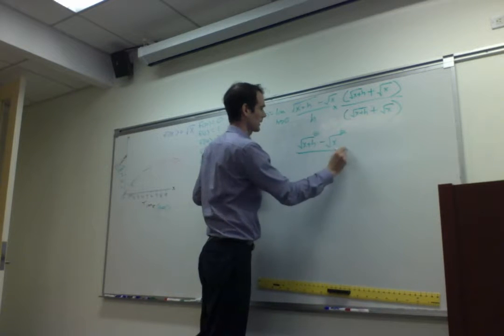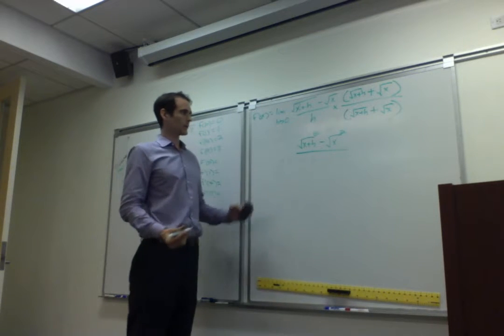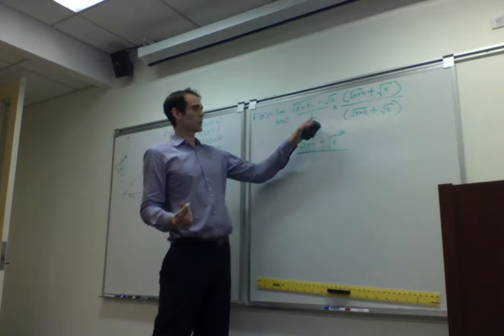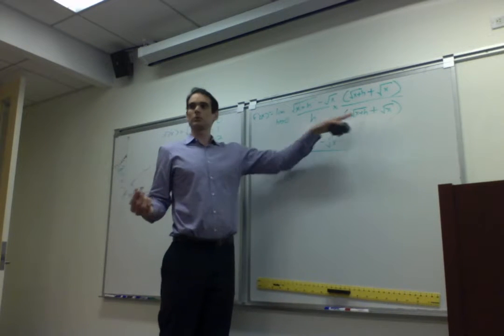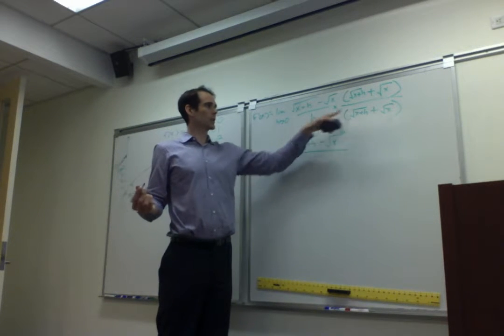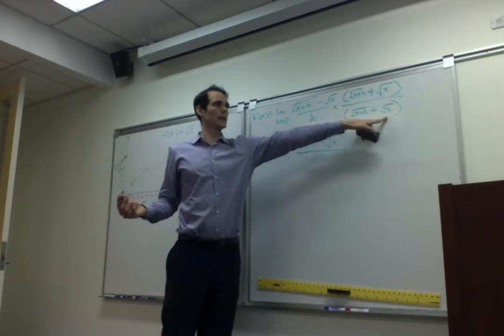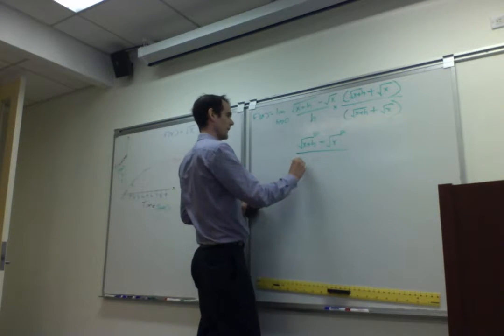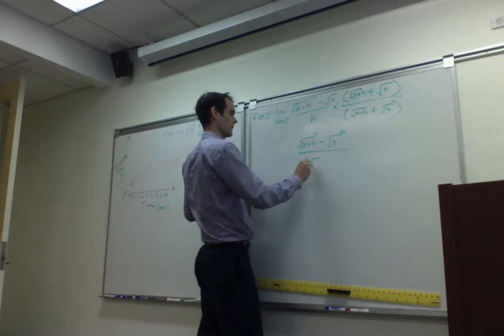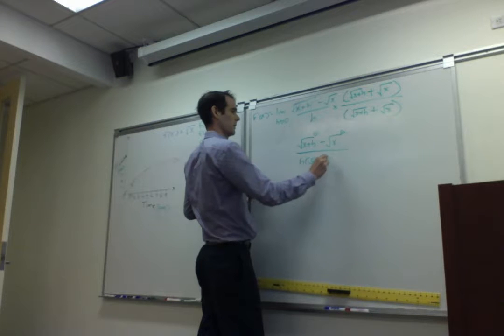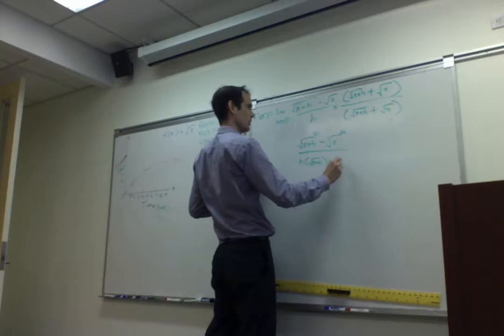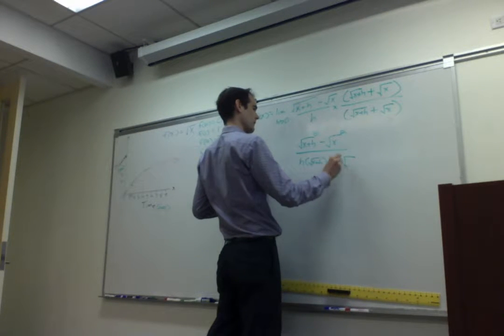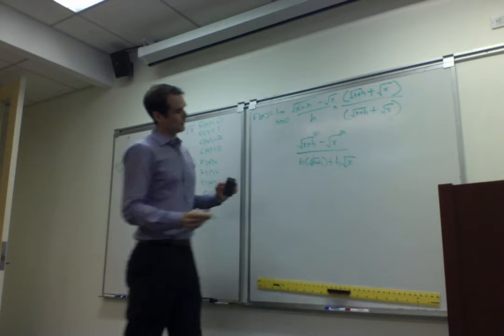Question now is, what do we get in the denominator? Well, we just multiply this out. We have h times this plus h times this, so h times the square root of x plus h plus h times the square root of x.